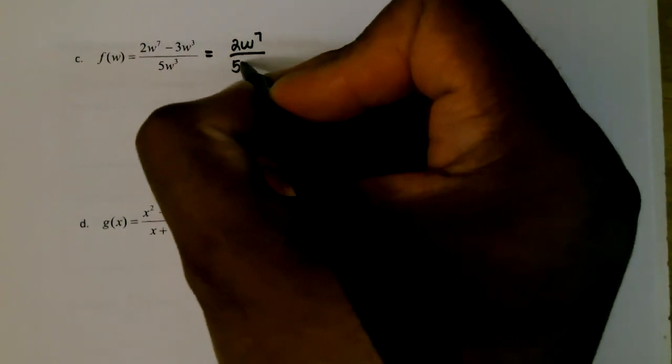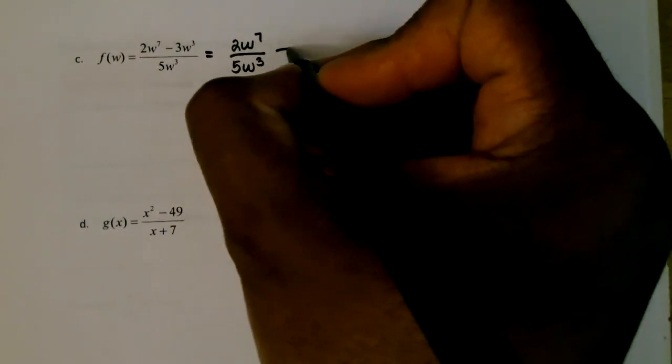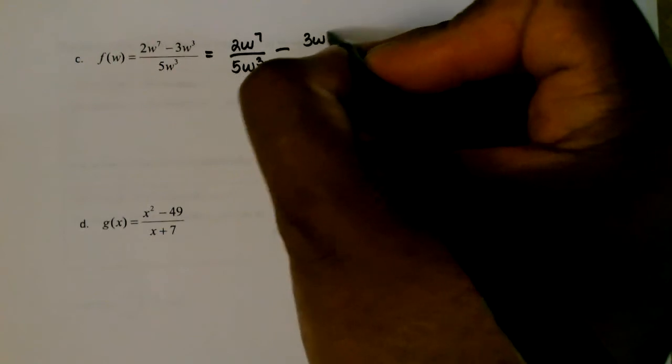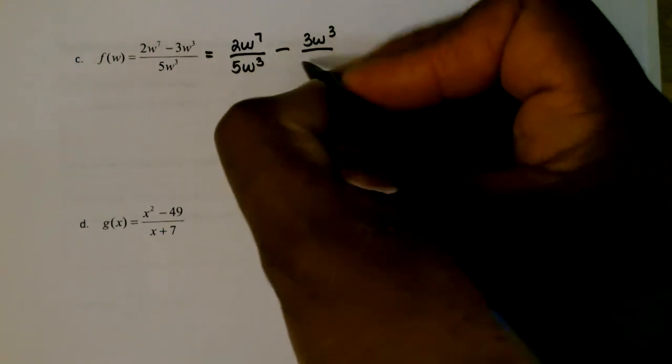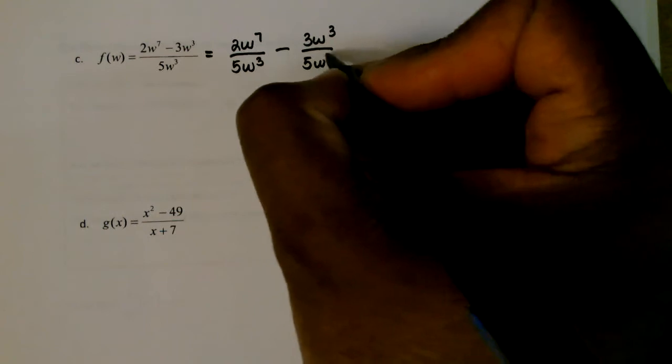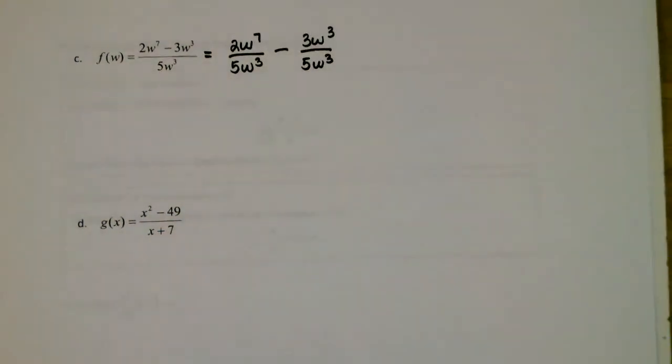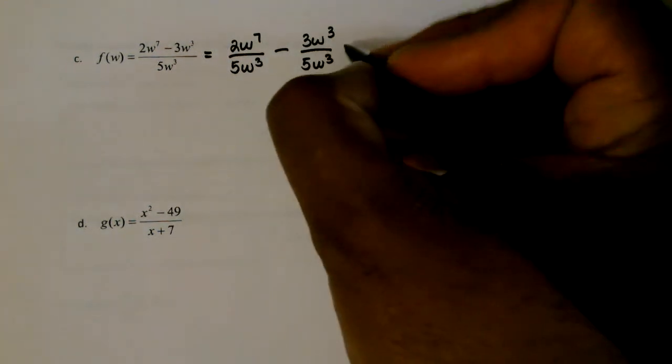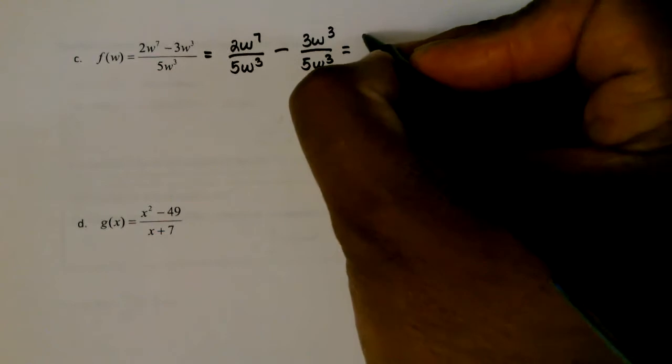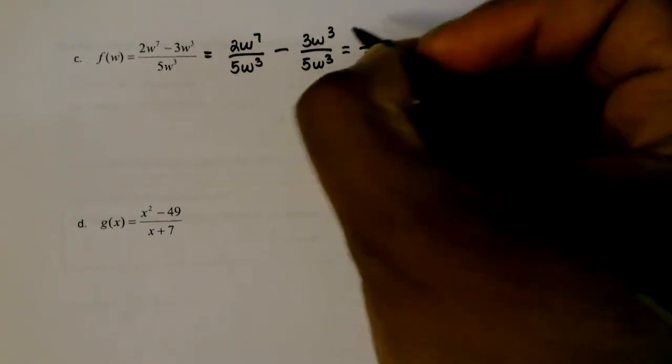Now, I'm going to break this quotient up as this. 2w to the 7th will be over 5w cubed, then minus 3w to the 3rd will be over 5w cubed. And then let's simplify this. I'll have 2/5.